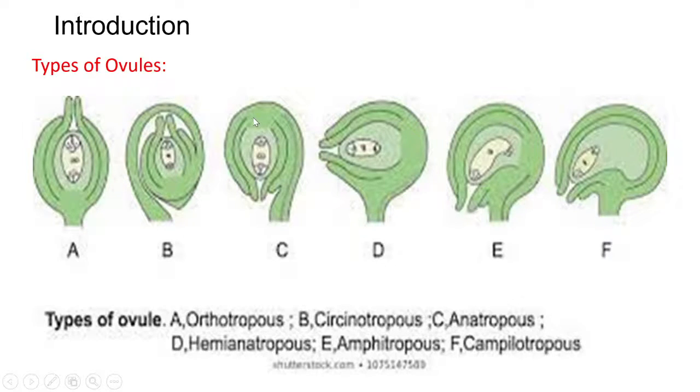Third type is nothing but the anatropous ovule. It is an inverted ovule having bent funiculus. Micropyle end is directed downwards and the chalazal end is directed upwards. This is the chalaza and this is the micropyle. And funiculus is present at the lower side.